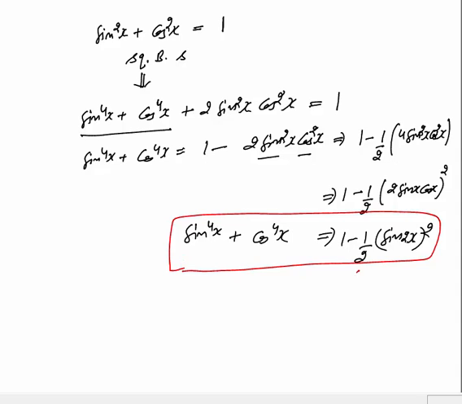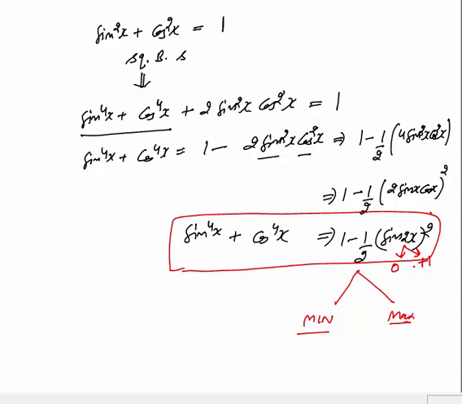For the minimum and maximum value, first I will put the minimum and maximum value of sine 2x whole square. Now sine 2x whole square is a square function, so its minimum value would be 0 and maximum value would be 1. If you subtract the maximum from 1, you will get the overall minimum value.